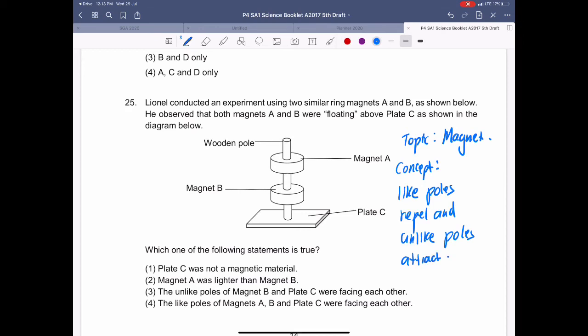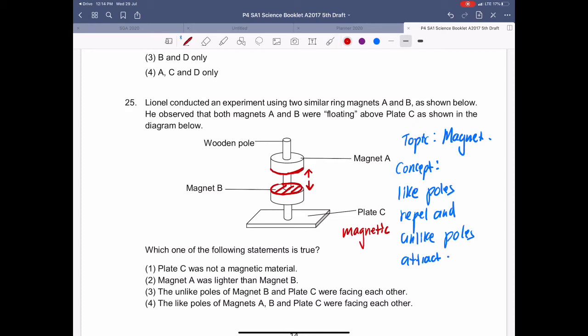Alright. So they ask you which of the following statement is true. So based on this, you would know that this facing and this facing must be the same. I'm going to color code it. Color code it means the same. So because it's the same, they will repel, causing it to float. Now for plate C, it has to be magnetic as well.